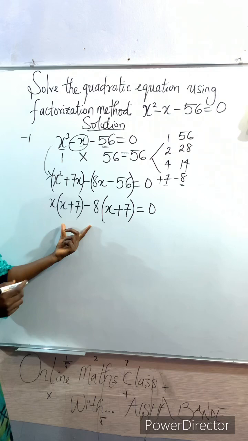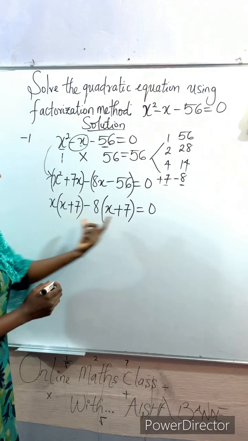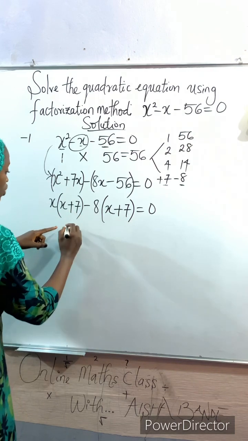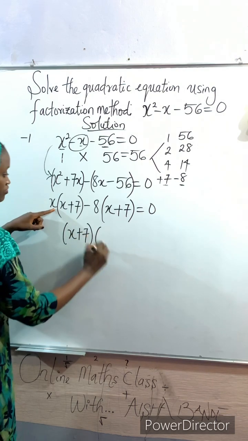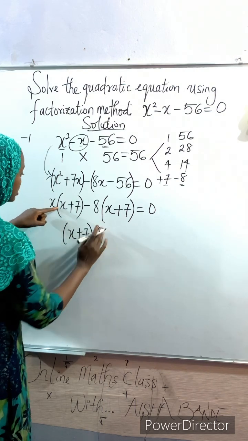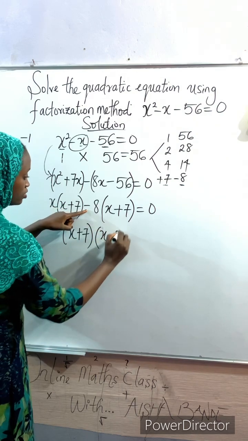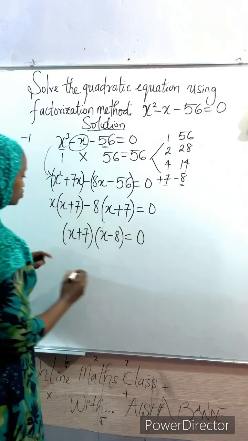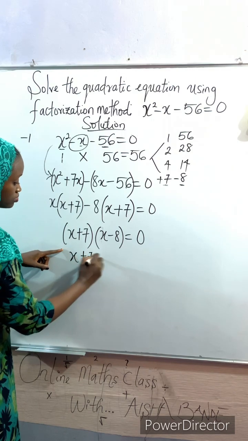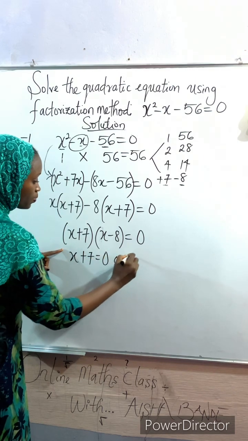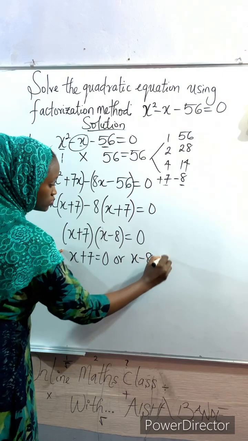So at this point, you can see that all we have in the brackets, they're all the same. So we take one of the brackets, which is x plus 7, and the other term we have now is x, that is x minus 8. All of this now equals to 0. So this implies, or this means that x plus 7 is equals to 0, or x minus 8 is equals to 0.